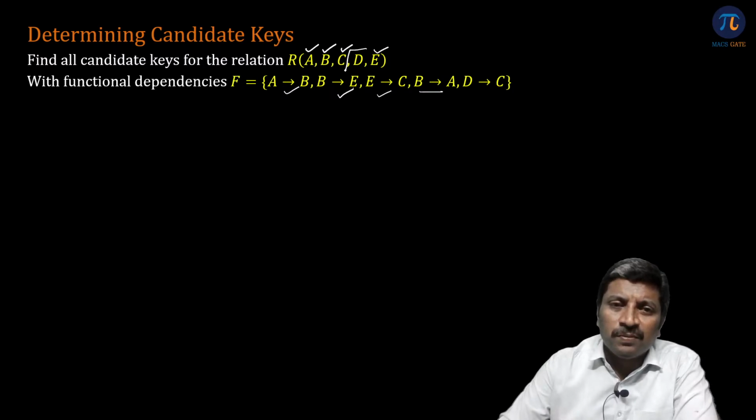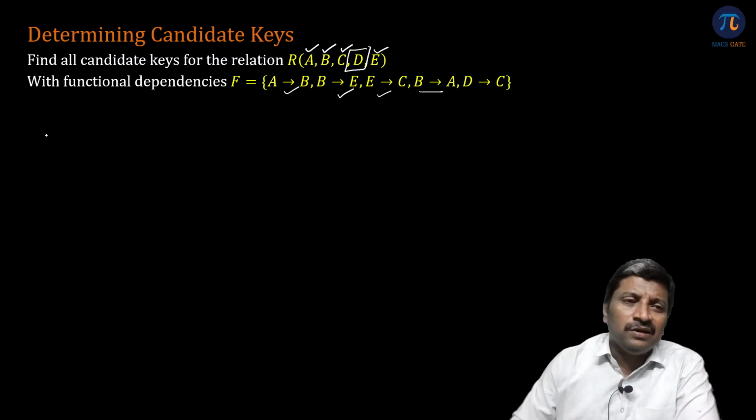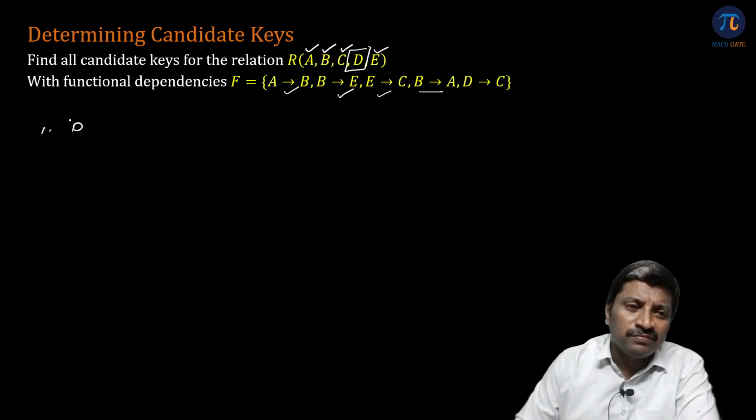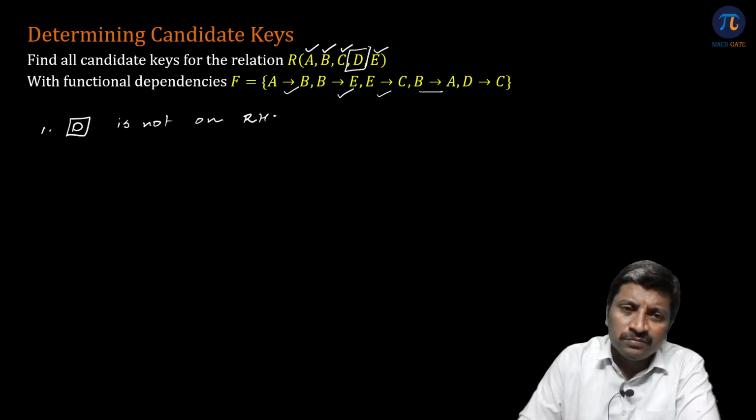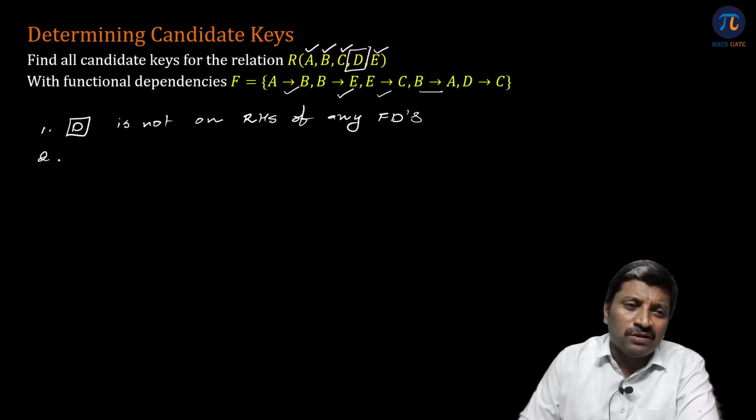So again, D is not on the RHS of any FD. So what is your conclusion, sir? D must be a part of the candidate key.